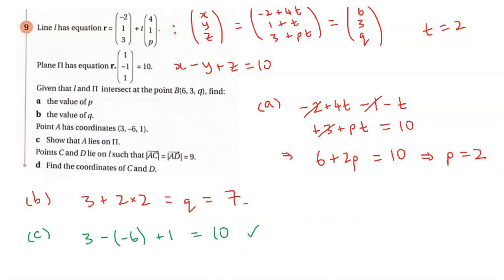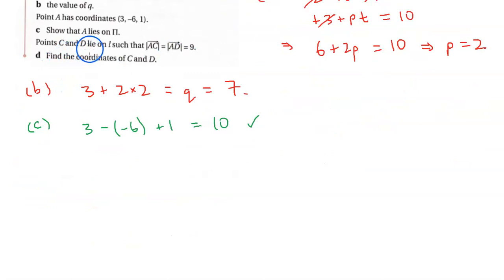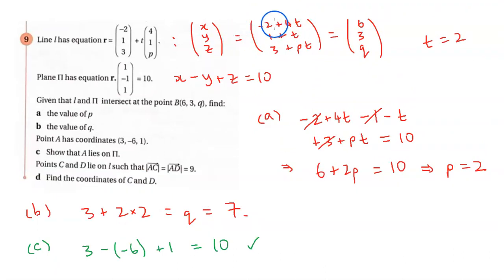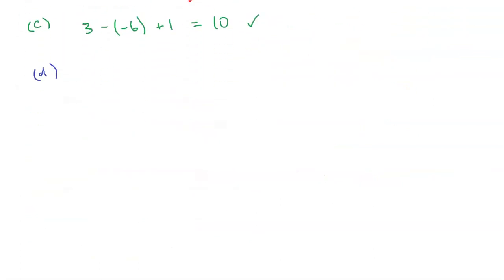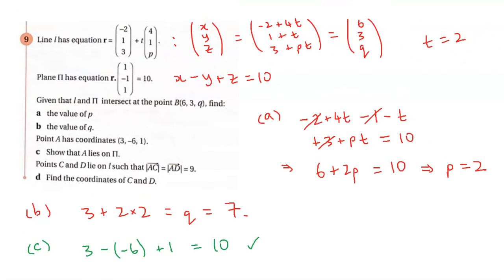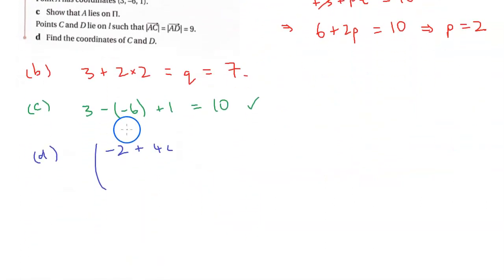And then for part D, it says that points C and D are on L, such that the length of AC is equal to the length of AD is equal to 9. Find the coordinates of C and D. Not a problem. If C and D are on L, then they have coordinates that look like this. So OC is (-2 + 4c, 1 + c, 3 + pc).